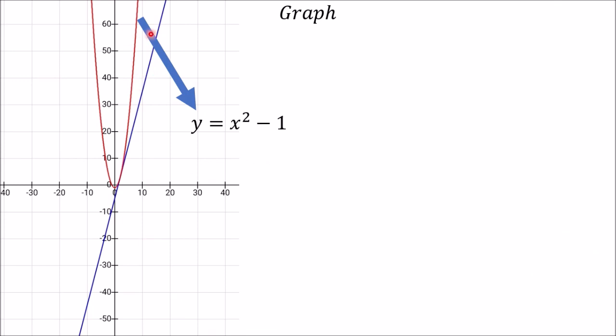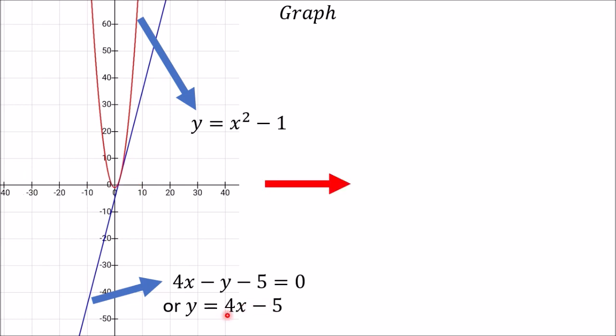The red curve here is the graph of y equals x squared minus 1. Ito yung kinuna natin ng derivative kanina. And then, itong blue line dito, ito yung equation ng tangent line na sinolve natin kanina. 4x minus y minus 5 equals 0. Or, you can also write that in this form, y equals 4x minus 5.